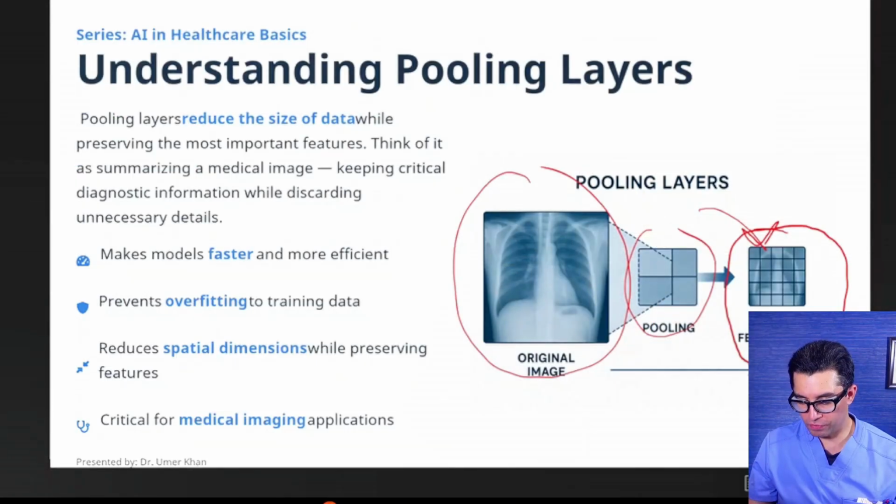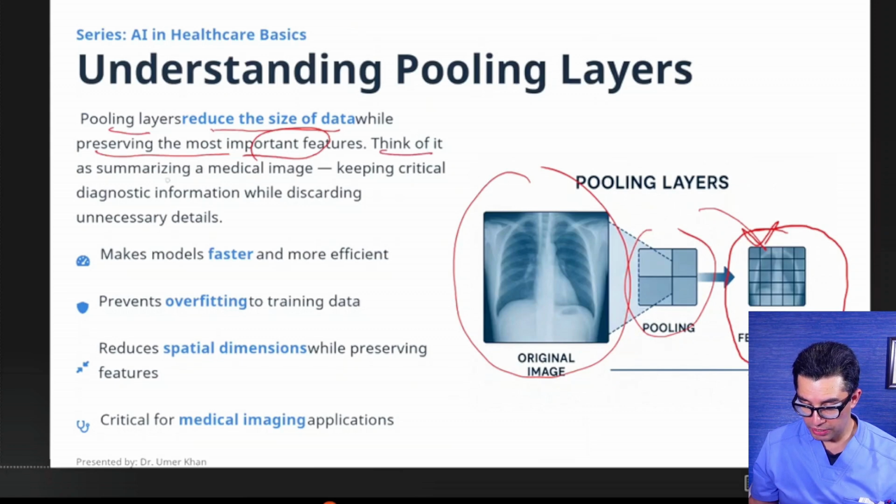So understanding the right pooling strategy should reflect your clinical priorities. Now let's go over this so that we fully understand it. Pooling layers thus reduce the size of the data while preserving most of the important features, the features that we want, right? We may want different features at different stages or in different clinical scenarios. We may want to set our AI for different pooling characteristics, and see what we need at what time.